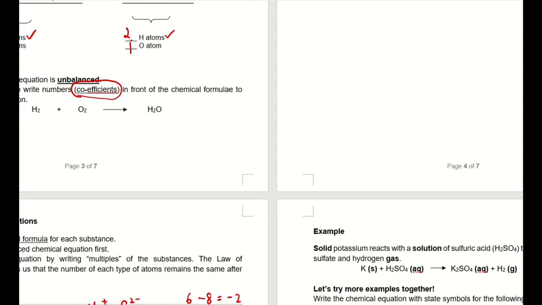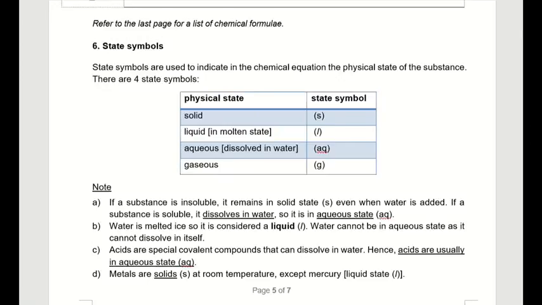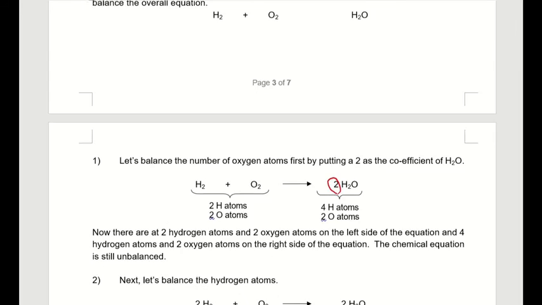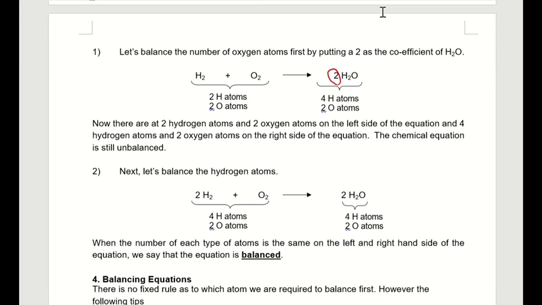So how do I make the oxygen 2? By multiplying this by 2. But the problem with multiplying it by 2 is that now my hydrogen becomes 4, because 2 times 2 of hydrogen is 4. And 2 times 1 of oxygen is 2.